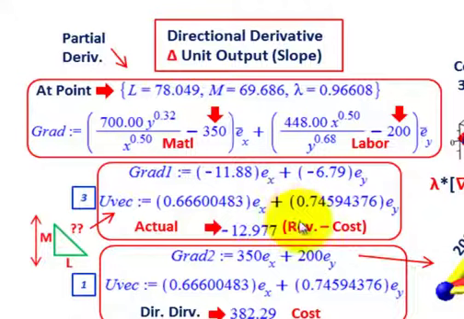And it's really taking your revenue less your cost. So you can see your cost is greater than your revenue when we talked about our gradient. So that's why we're headed in a negative direction in our directional derivative. Our unit output at that slope is actually decreasing.